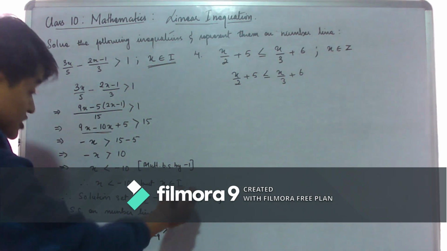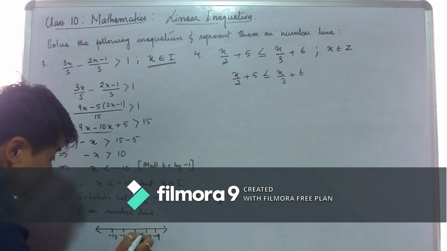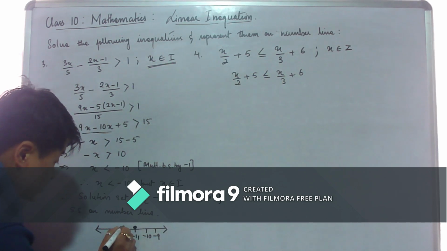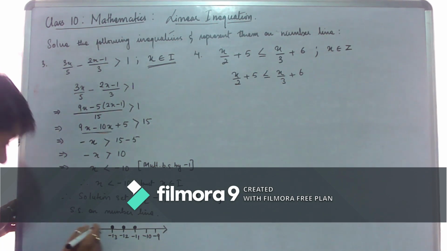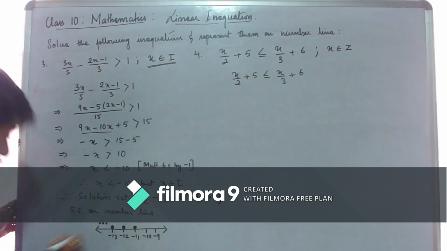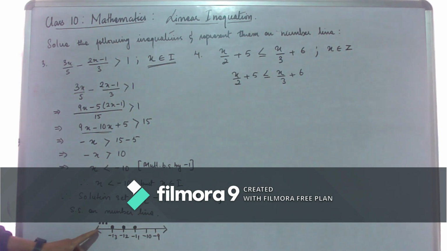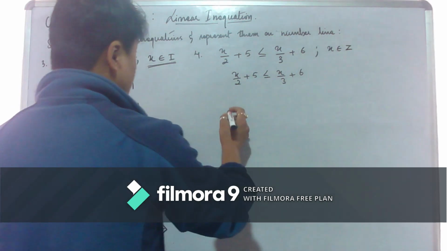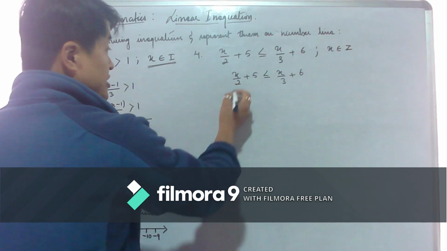So our solution set is minus 10, minus 11, minus 12, minus 13, and so on. All the numbers. To represent those infinite numbers, we will write 3 dots near the arrow. From here we will understand that all the negative numbers less than 10 are the solution set of the given inequation.